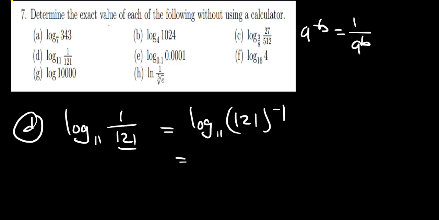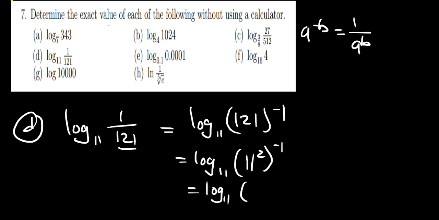From there, it will be log base 11 of, and 121 is the same as 11 to the power 2, and then we have to the power minus 1. So this is equal to log base 11 of 11, and we multiply this 2 with the minus 1, so it will be 11 to the power minus 2.